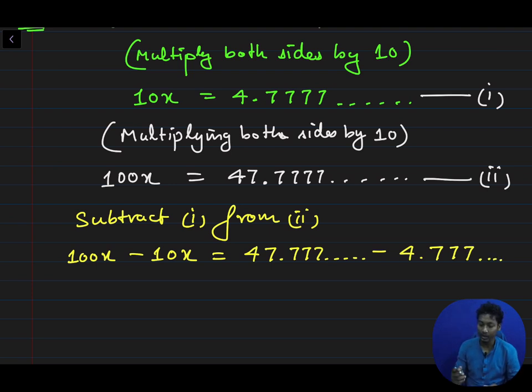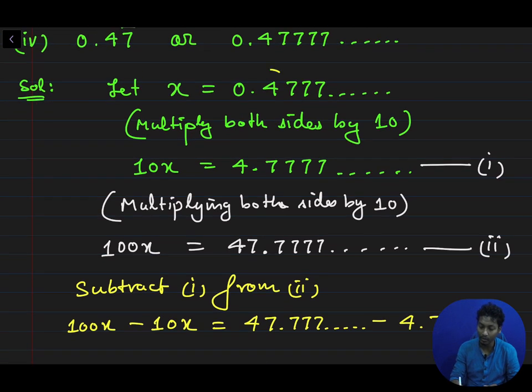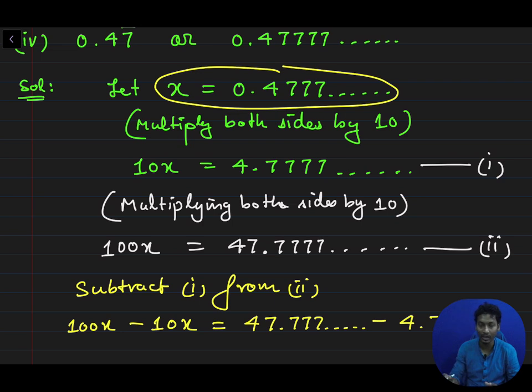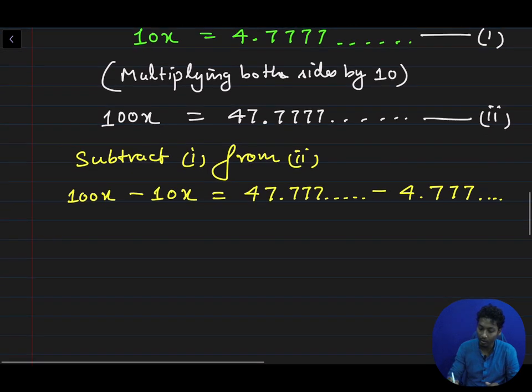Now see, I'll tell you why we did not take this first expression as the first equation. If you had taken it and solved it accordingly, you would have got the same answer. Here, for the convenience of directly getting the fractional form, we have not taken the first expression as the first equation. We are taking the second one. Why? Here you can see in this form, decimal places will get cancelled easily.